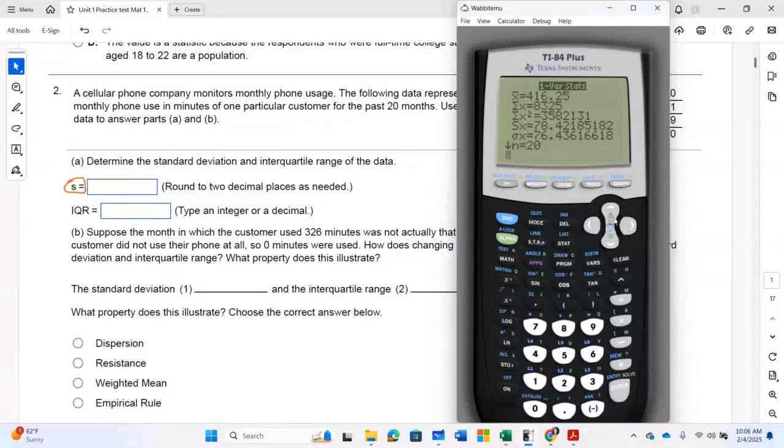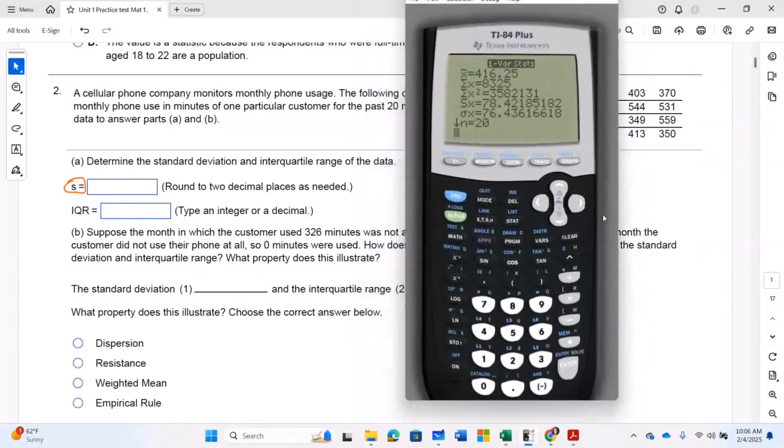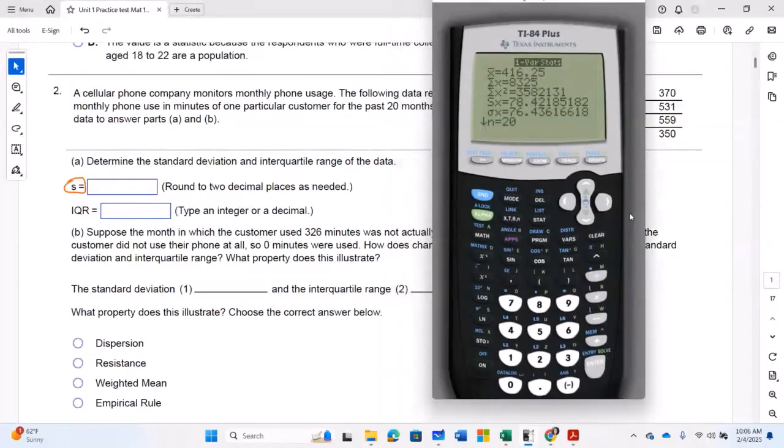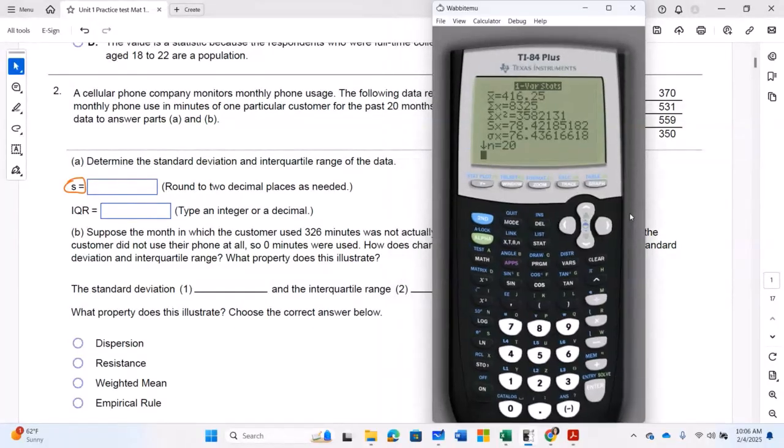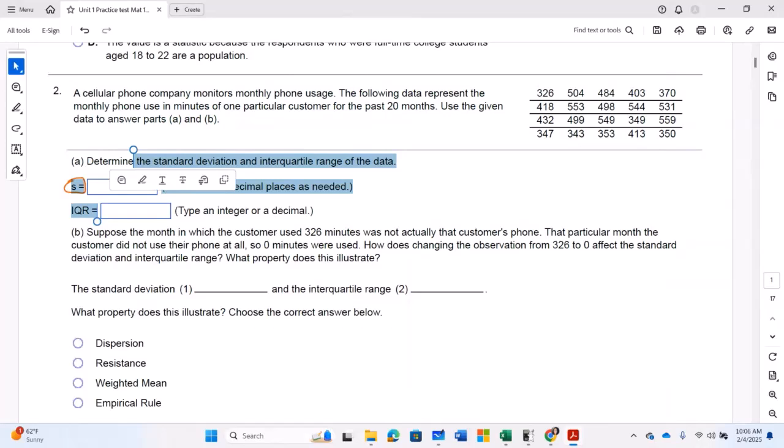So the mean of that data is 406.25, rounded to 2 decimal places, and the standard deviation of the sample is 78.42.